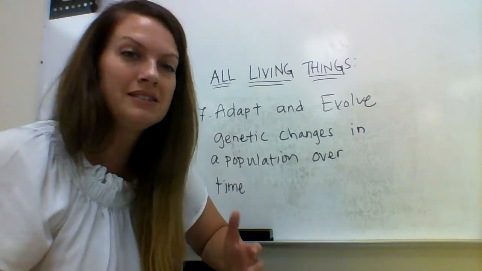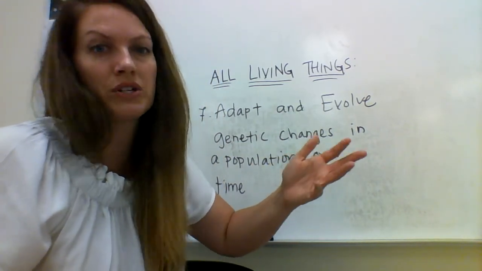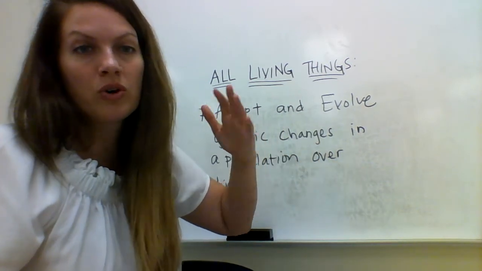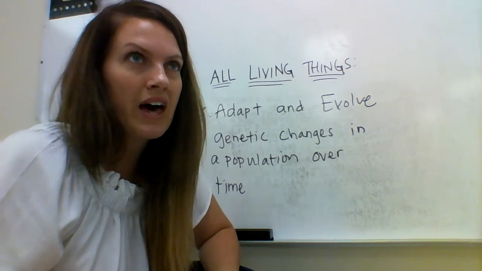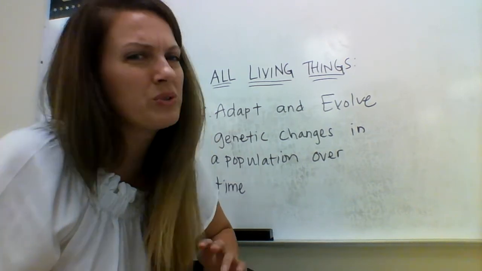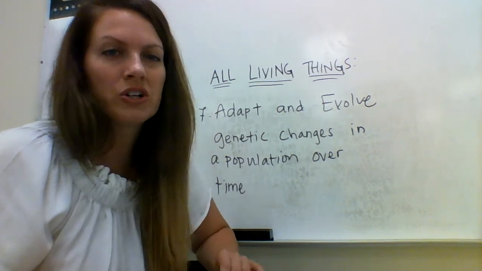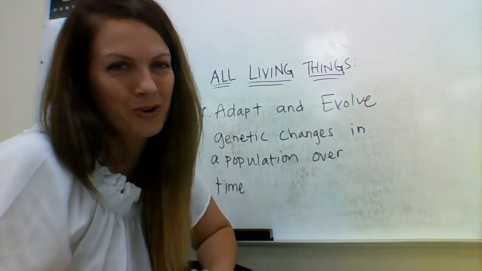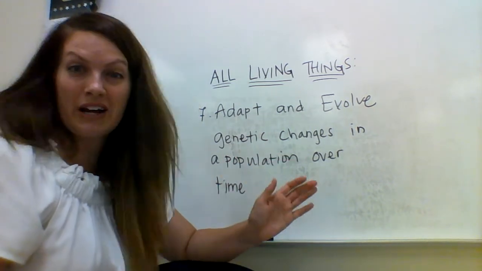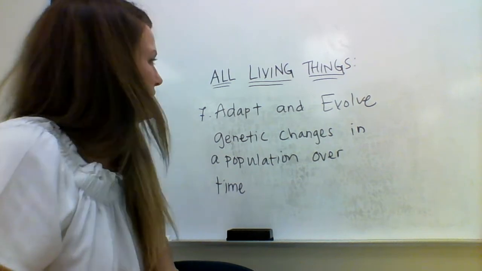There was some existing variation, and the environment, the availability of nectar in these particular flowers, selected for the birds that had longer beaks. So that is a really fine point. It's really easy to understand, but it's also easy to misunderstand. We're going to talk a lot about evolution as we go through the semester, and I think you'll understand it a lot more. But for now, number 7, all living things adapt and evolve.